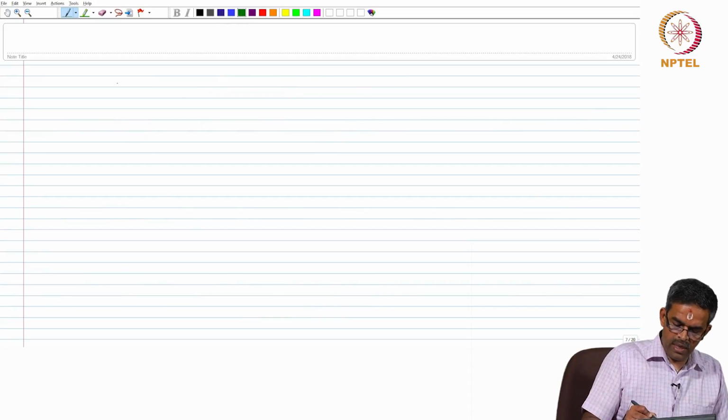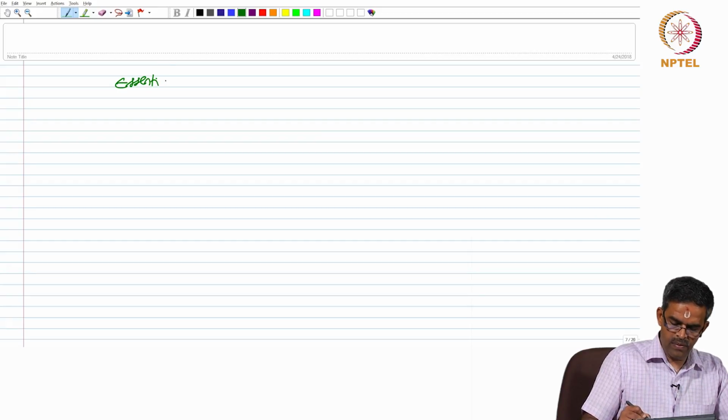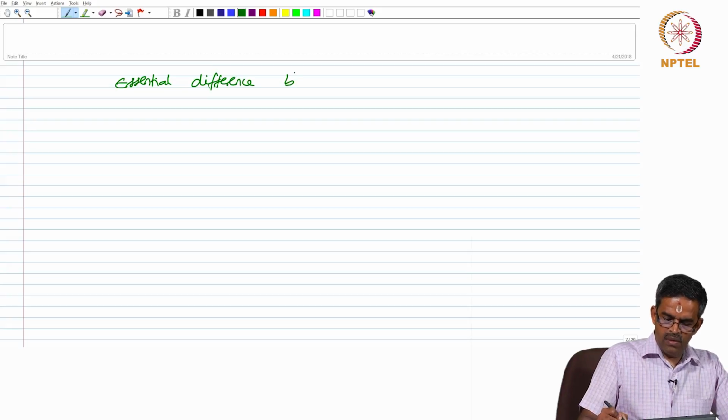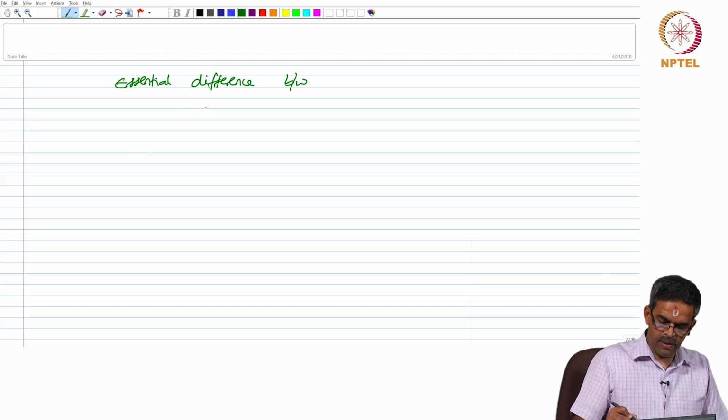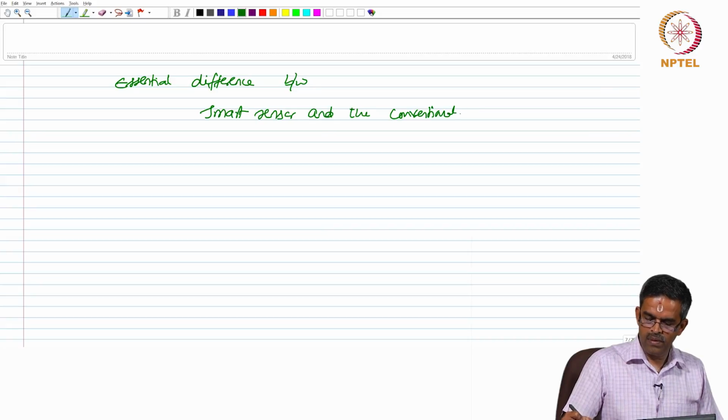So, there is an essential difference between the smart sensor and the conventional sensor. Let us see what is the difference.